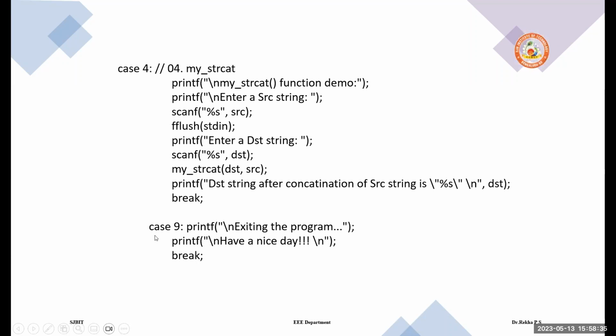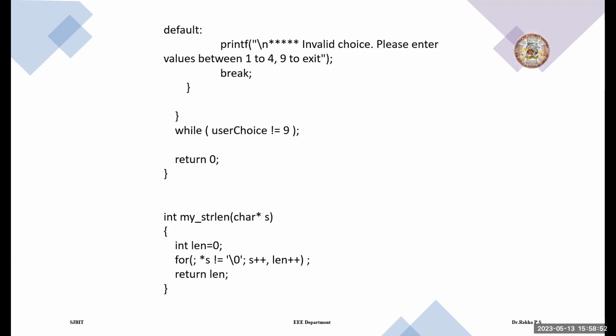After all 4 cases are executed, in the last case I give the information to the user that I'm exiting the program, have a nice day, and I come out of the switch. Otherwise, if he has not entered 9, it will go to the default, which is anything other than 1 to 4 or 9 to exit.